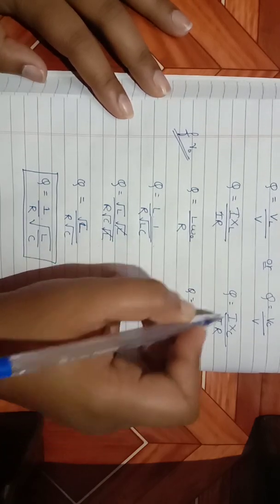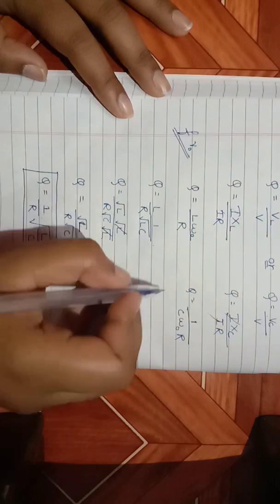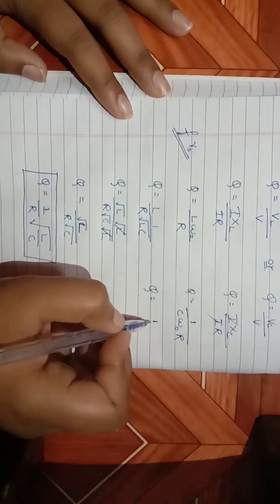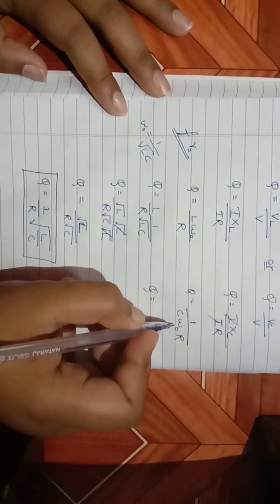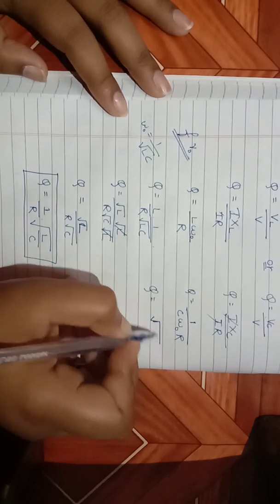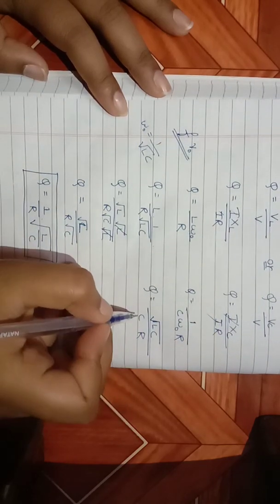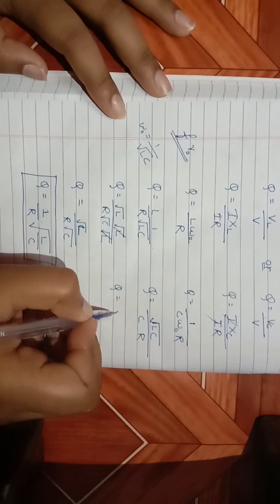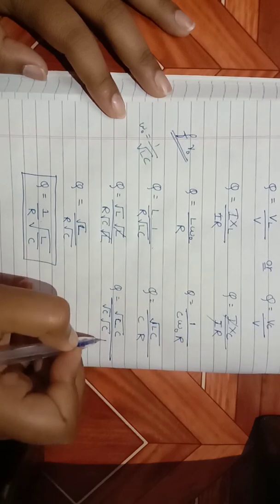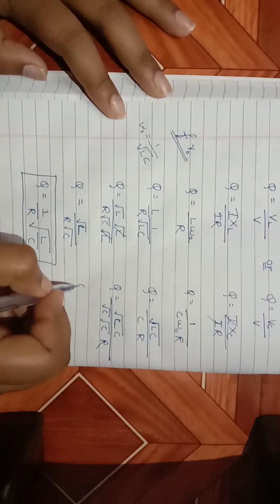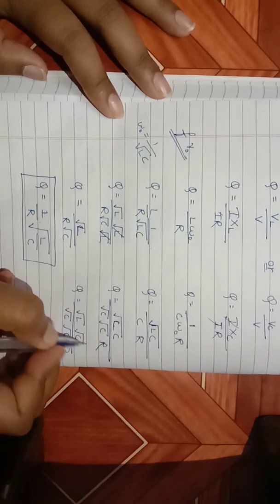So Q is equal to, I cancels, 1 by C omega naught into R, and you already know the value of omega naught. 1 by omega naught is equal to 1 by square root of L into C. So omega naught is already in the denominator, so I will write L by C here, C into R. This C you can split as root C into root C. So here you have root L, root C, root C, root C, R. C cancels.